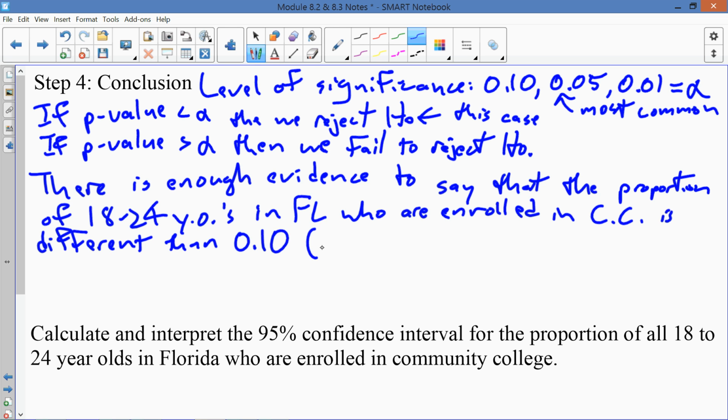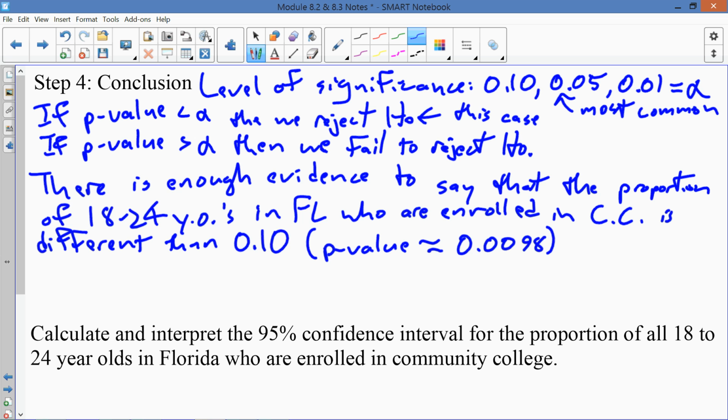And then I always like at the end of my statement to put my approximate p-value, and I'll write p-value again, so as not to confuse it with our proportion. P-value is approximately 0.0098, and that's your conclusion.